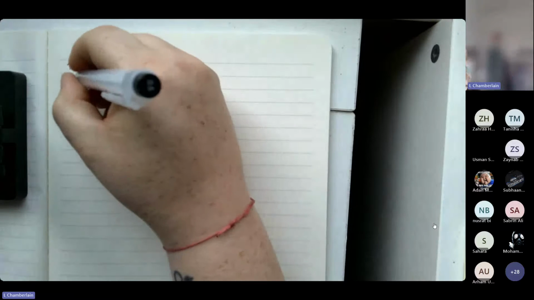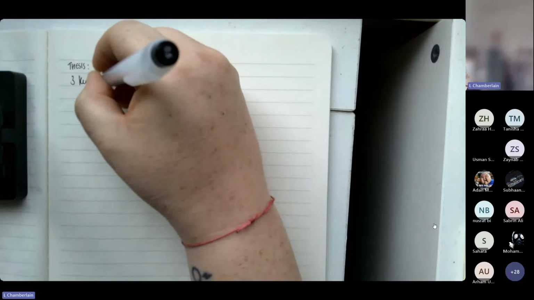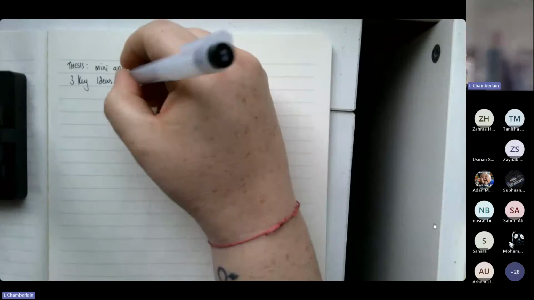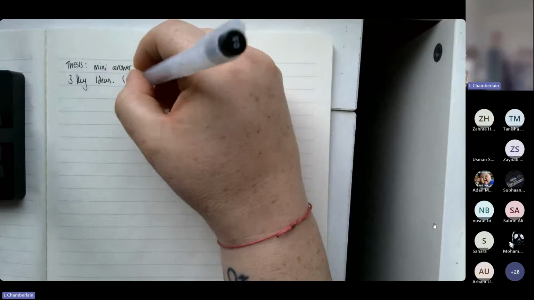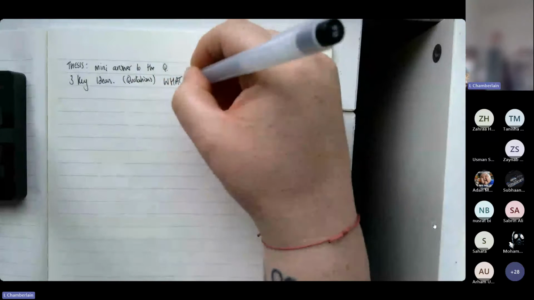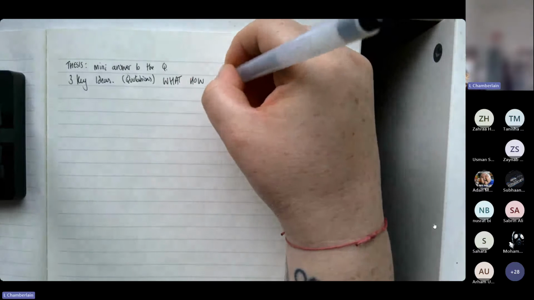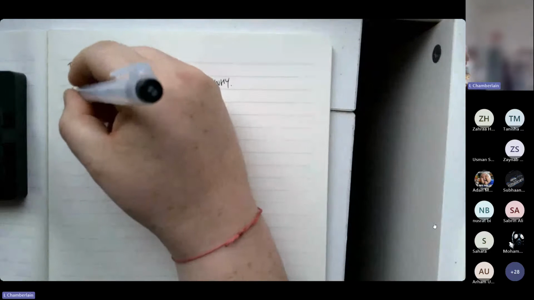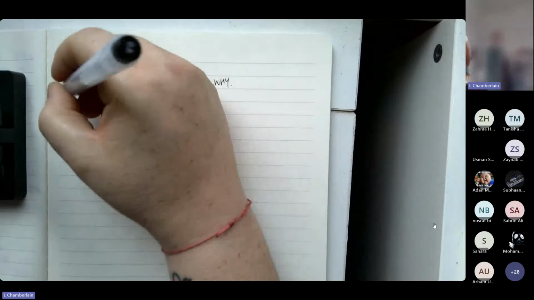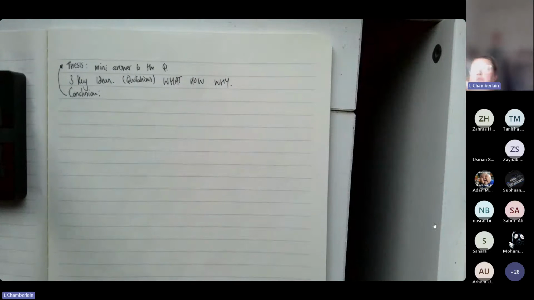Then you're going to have 3 key ideas and you're going to structure those around quotations. And each of those are likely to be a what, how, why paragraph. And then finally, you have a teeny tiny little conclusion, which links back to your answer, where you explain how the text has created that impression for you.